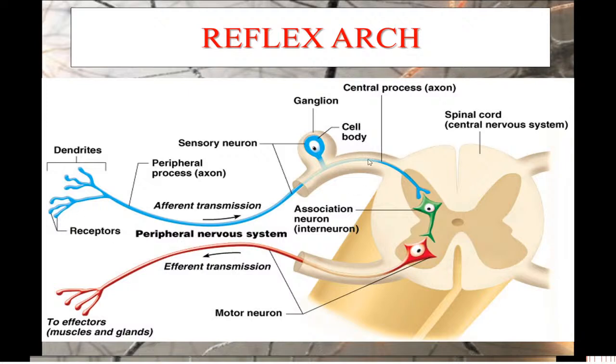The first neuron is the sensory neuron, which has its cell body located inside of the spinal root ganglion or spinal ganglion. This ganglion is a type of sensory ganglion, and pay attention, it's located outside of the spinal cord, meaning it is a part of the peripheral nervous system.